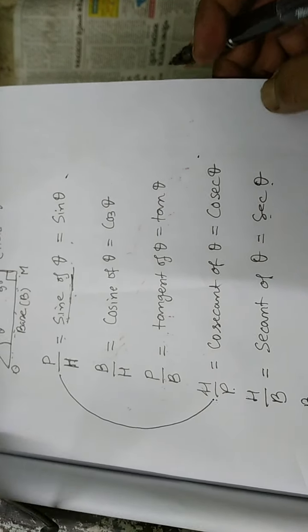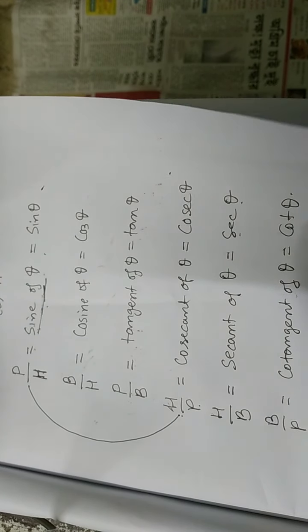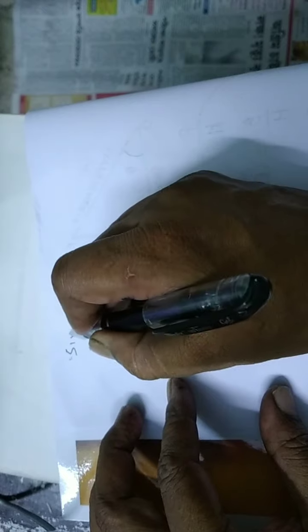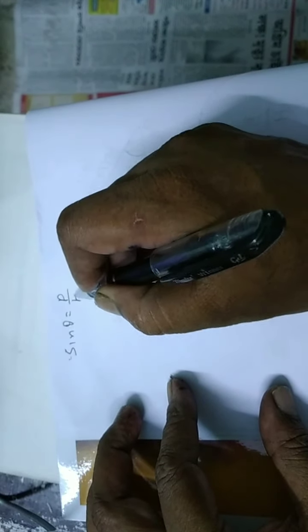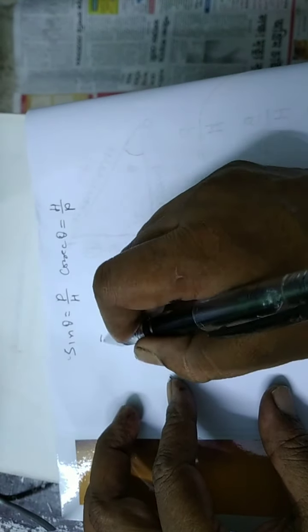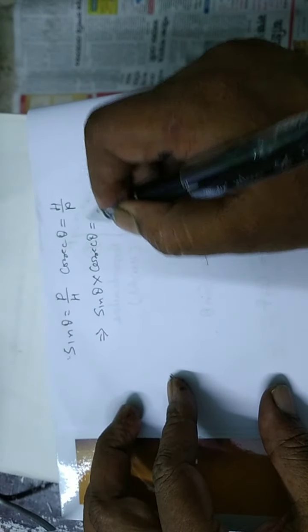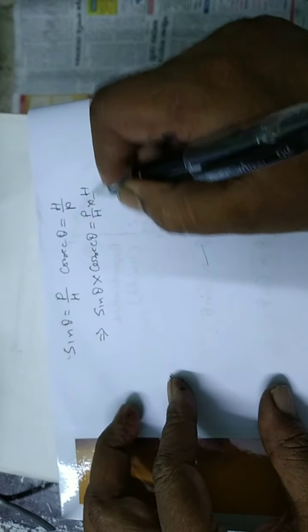Sin theta equals P by H, cosec theta equals H by P, which implies that sin theta into cosec theta equals P by H into H by P equals 1.